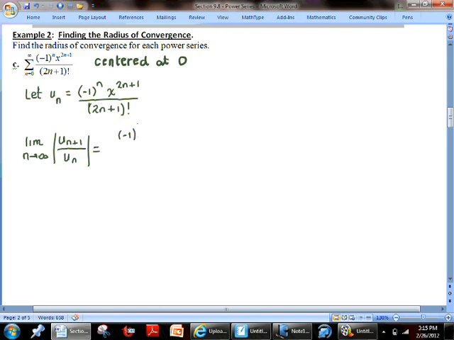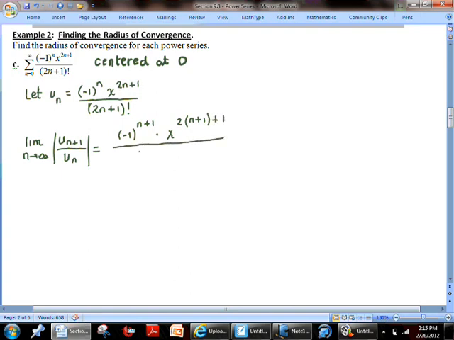So we would have negative 1 to the n plus 1 multiplied by x raised to the 2, and we're going to replace this n with an n plus 1. I'll simplify it a little bit later. No sense in getting ahead of ourselves.